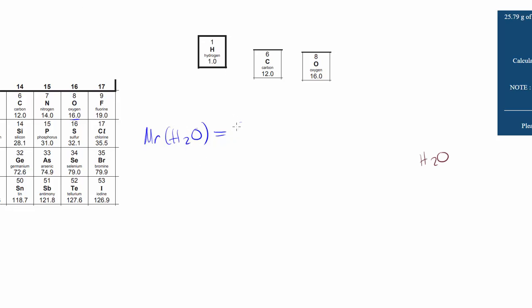So H2, that's going to be 1 multiplied by 2, right? And plus what relates to the oxygen, which is going to be 16 times 1, right? And if you work that out, you should find that that gives you 18, and the units for that is going to be 18 grams per mole, right?